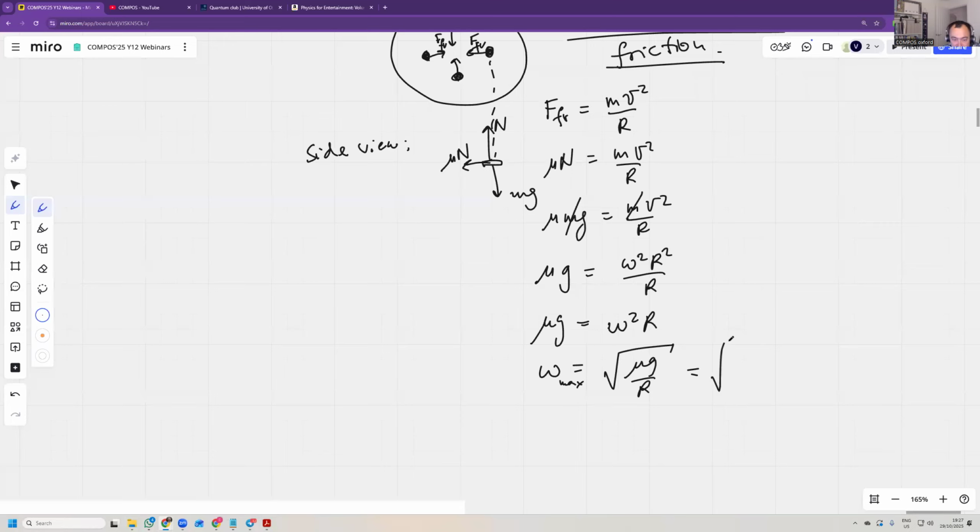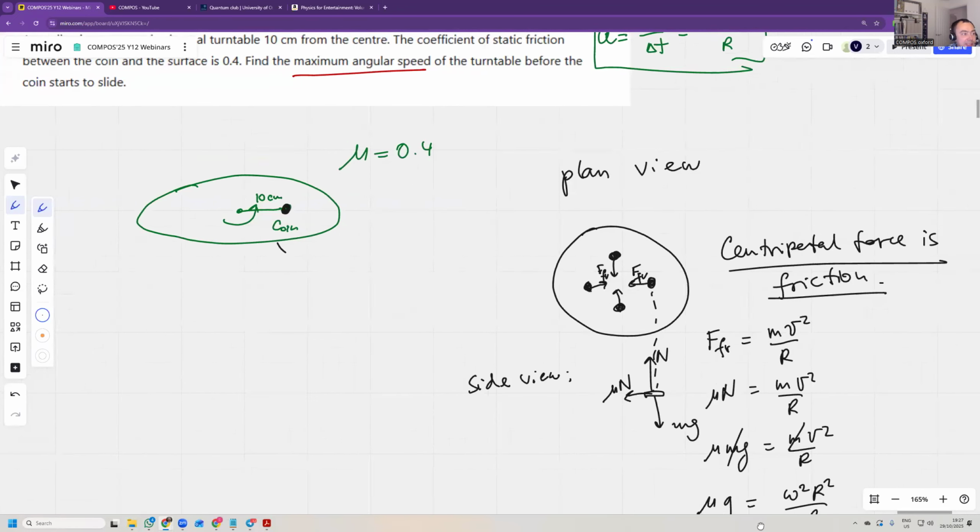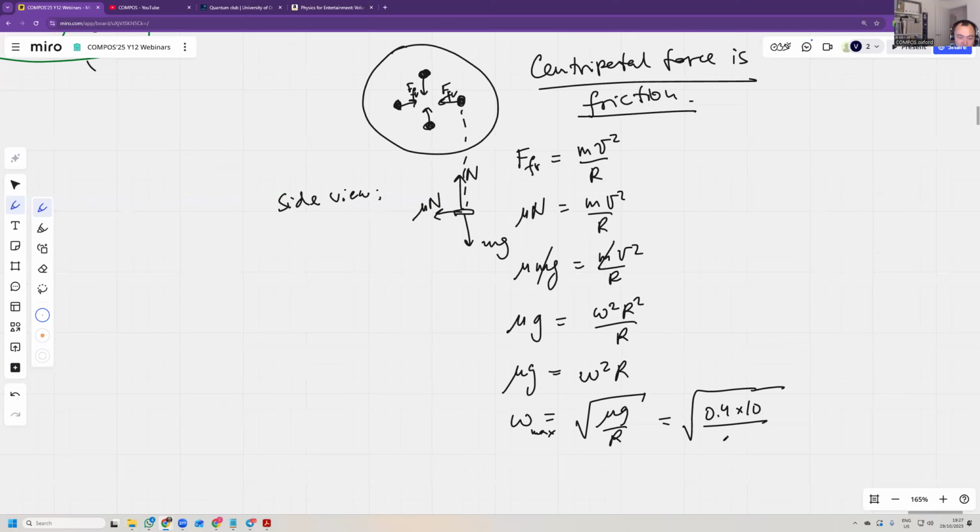We can work that out as 0.4 times 10 for simplicity, divided by the radius, which is 10 centimeters, 0.1. And so that's the square root of 40, which is 6.3 radians per second.